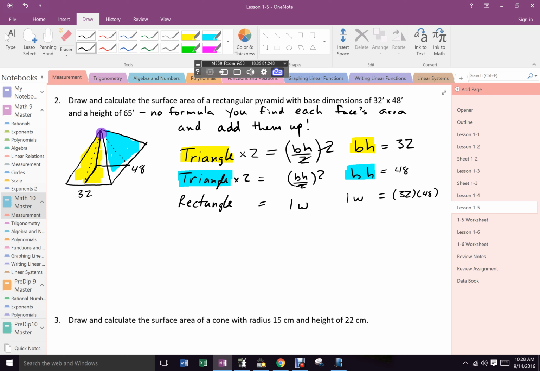What is it? Kiara? Pythagoras. You got to know Pythagoras. So the blue guy's height is what? How long is it across the bottom? For the blue guy. It's a trick. You got to think.